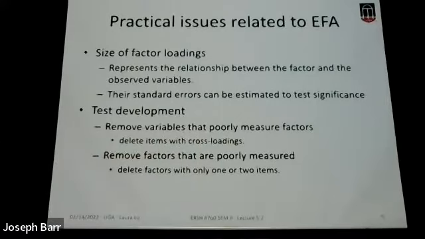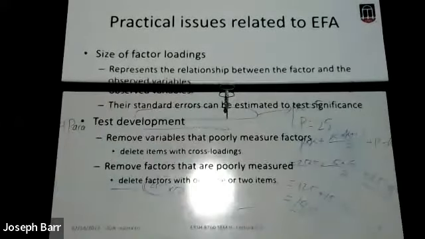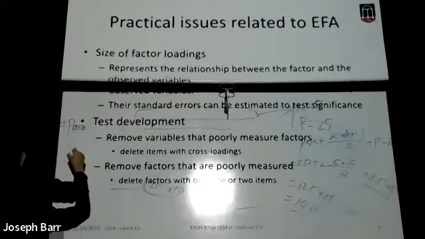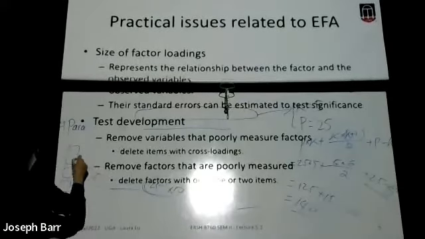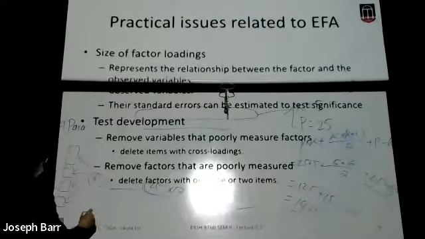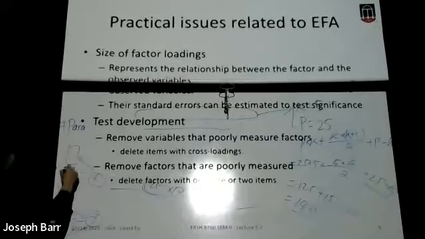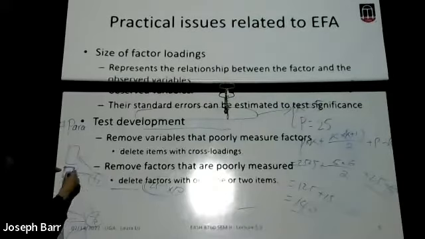Delete items with cross loadings, as I mentioned. We're trying to find a very clear pattern. We have some items and some factors that influence them. What is cross-loading? For example, item 2 is influenced by factor 1 and also by factor 2, sometimes also by factor 3. We call this cross-loading.